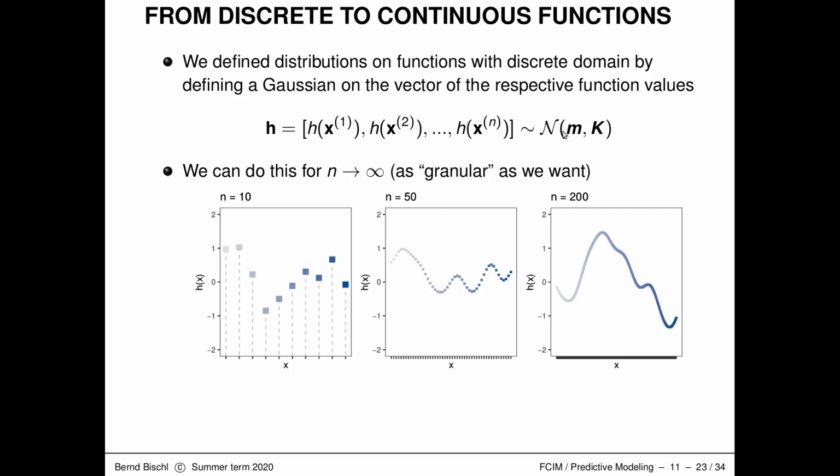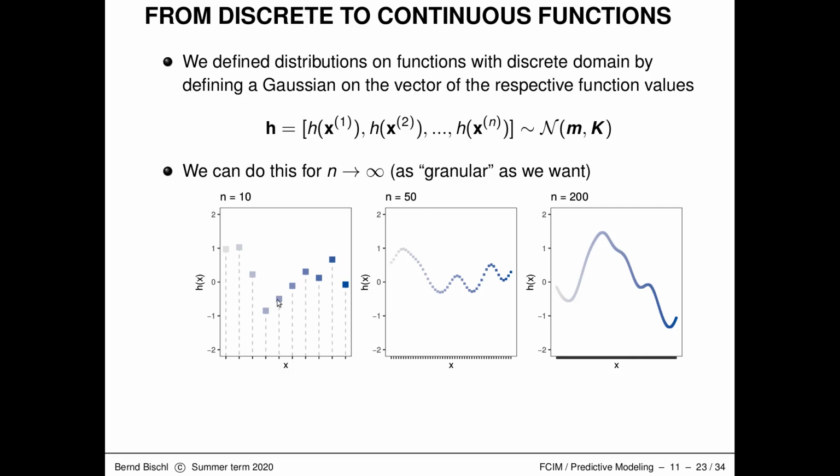We have specified the distribution over these finite dimensional random vectors as Gaussians with a mean vector and a covariance matrix K. Now we want to take that to the limit and see what happens.